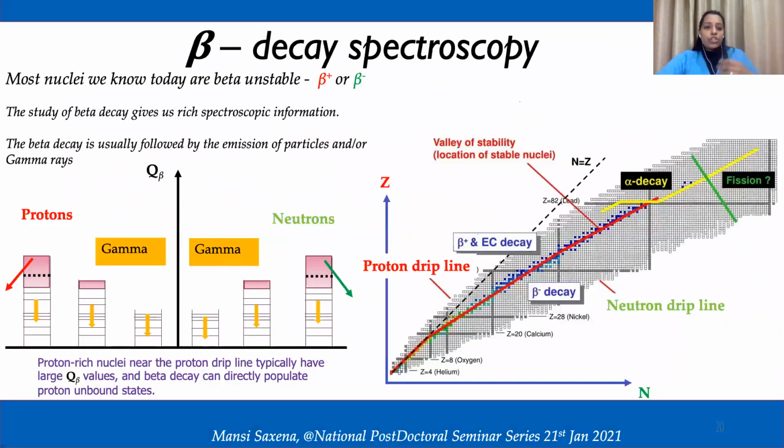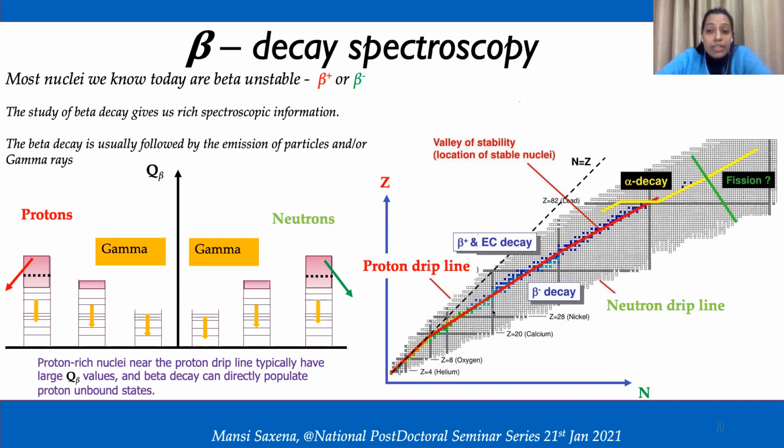Before moving on to the experimental details, I would like to share a few details about beta spectroscopy. So this is the nuclear chart. Most nuclei which we know are beta unstable, so they decay by either beta plus or beta minus. From the study of these beta decay reactions, we can obtain rich spectroscopic information.